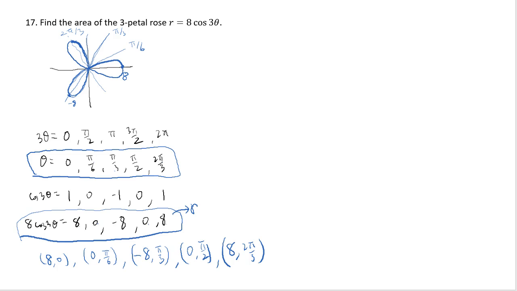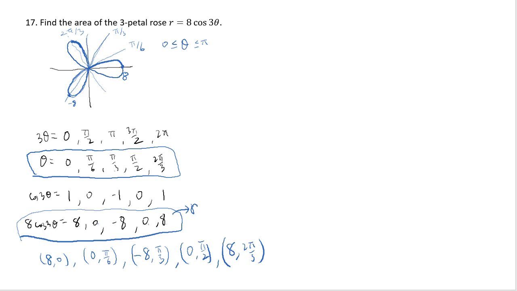Okay, so you rotate around this 3-petal leaf from 0 to pi. So from theta equal to 0 to pi, you complete the 3-petal rose.